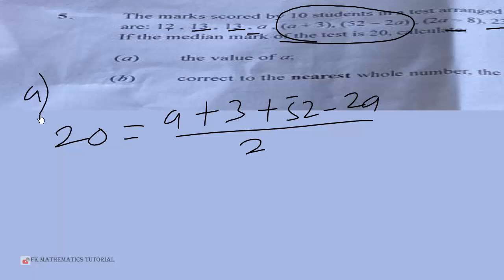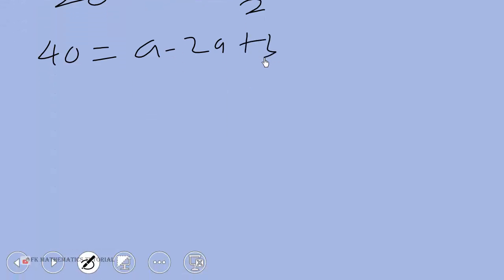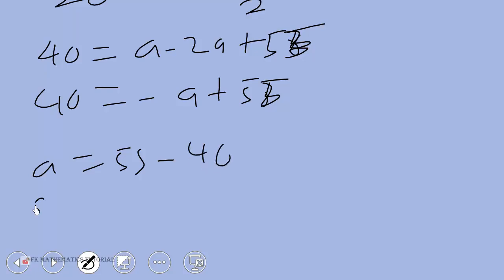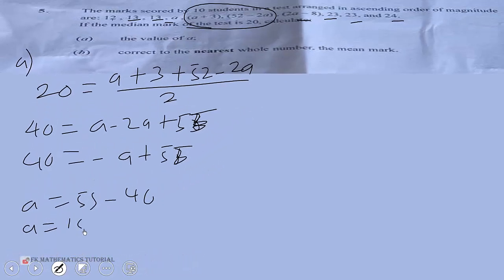Cross multiply, we get 40 is equal to A minus 2A plus 55. So we have negative A plus 55. So A will be equal to 55 minus 40. So A will be equal to 15.